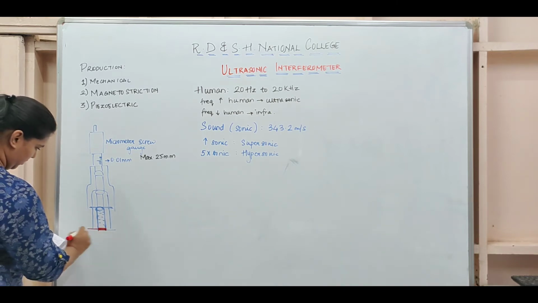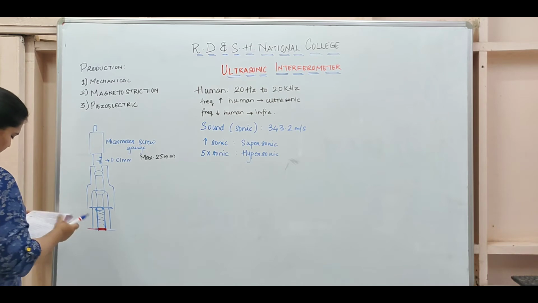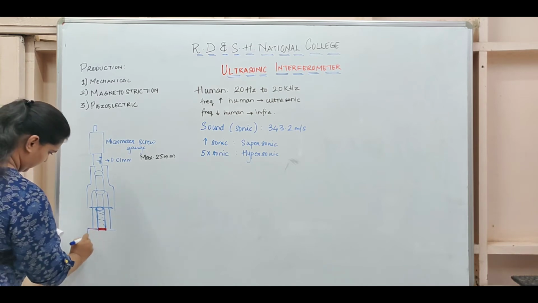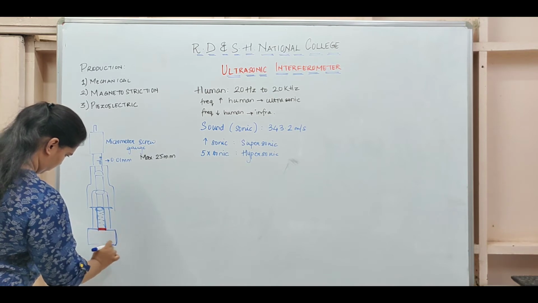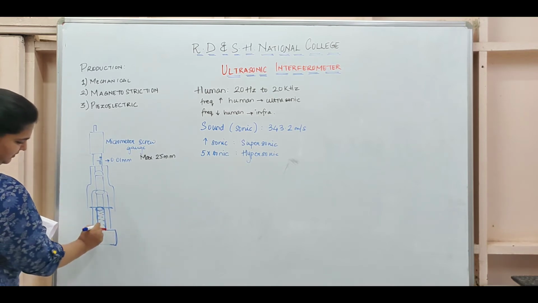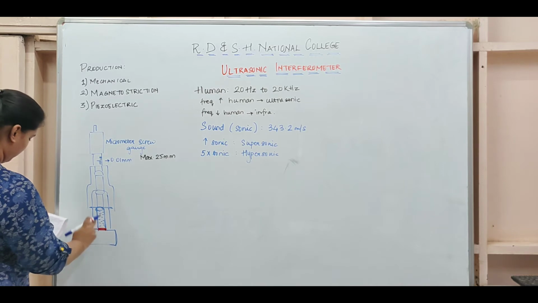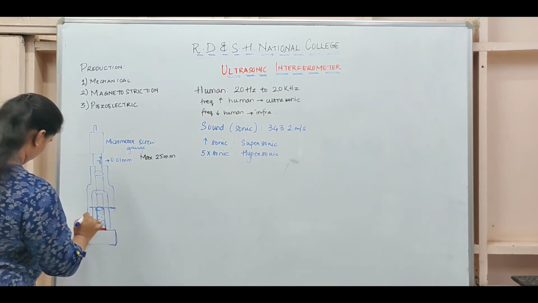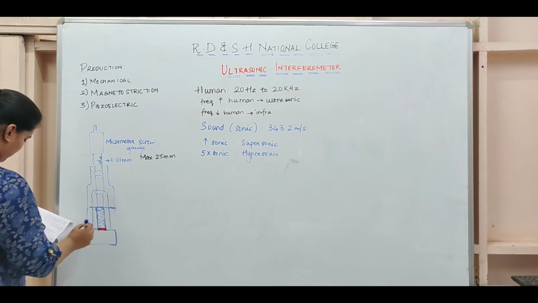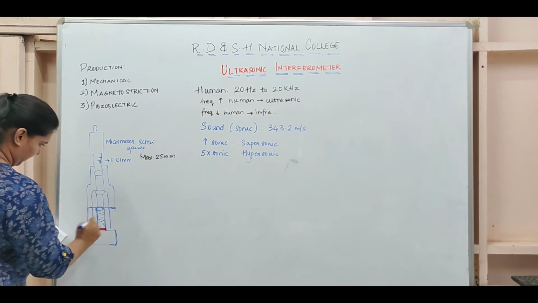Here we have the entire setup on a stand. Inside this is the liquid, and here is our water bath. So basically this two-walled cylinder passes through a water bath.